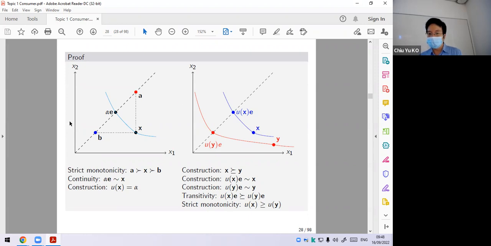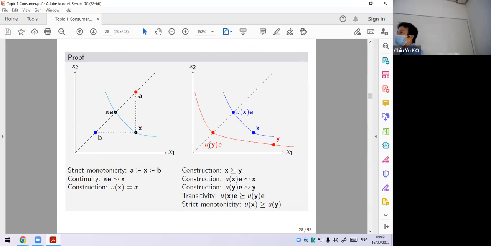By what we have done in the diagram here, for any bundle X, you can find a bundle on the diagonal that is the same, and the same for Y. Now we claim X is better than Y. But by construction, U of X, E is indifferent to X, and U of Y, E is indifferent to Y. So this bundle must be better than this bundle by construction, because that comes from transitivity.